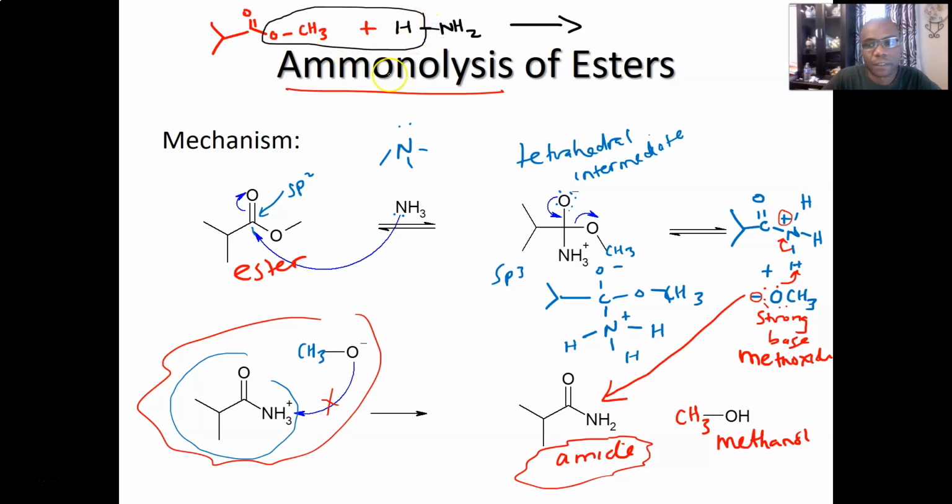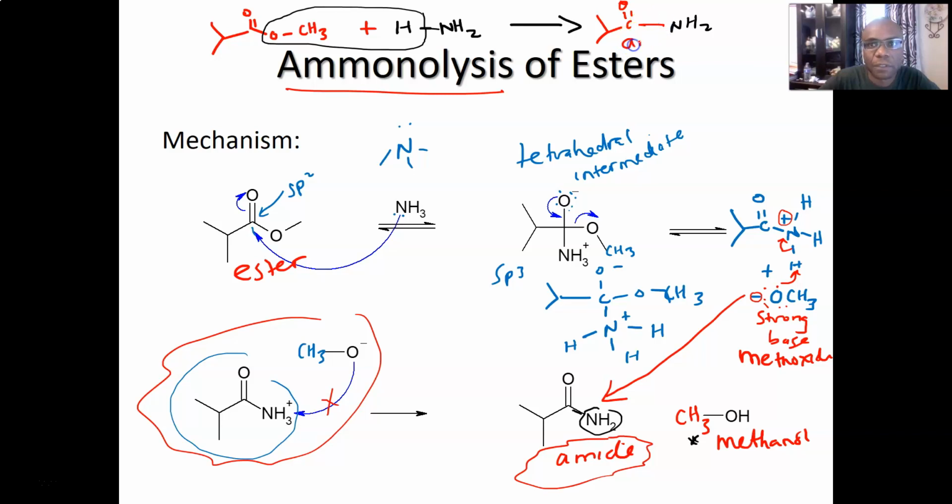In our case, it goes as methanol, because we want to click the NH2 to the carbonyl, and that's what's happening here. So when that happens, you get your NH2 bound to your carbonyl. This is how you quickly predict products without going through the mechanism.